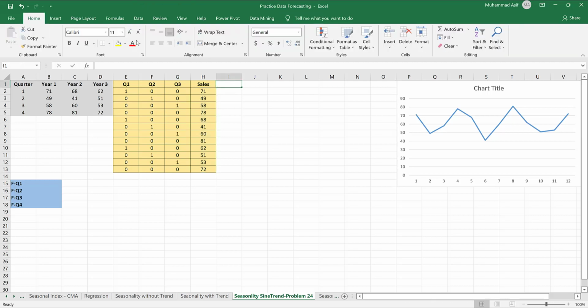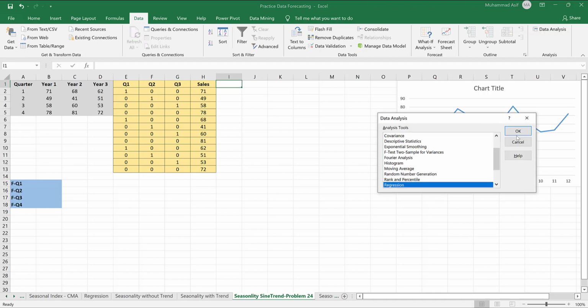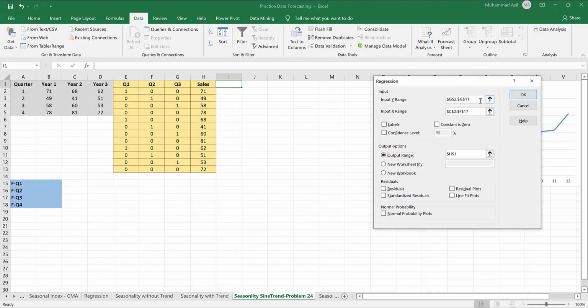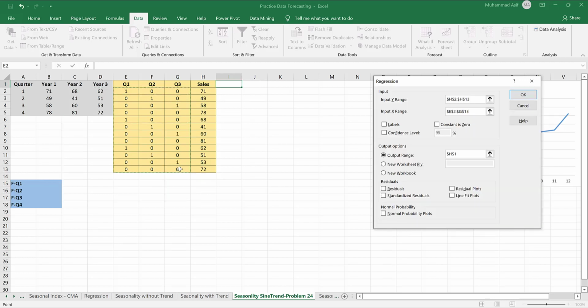So what we do is regression analysis, and in this regression analysis our input is sales, this column, and our independent variables are these, and for output range, I want my results here.